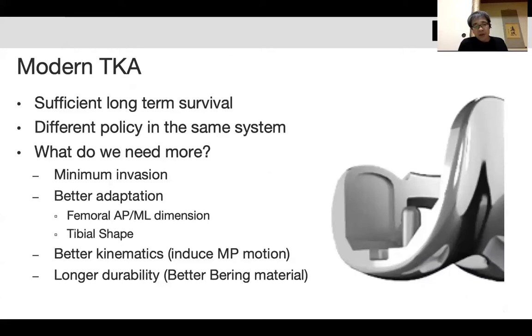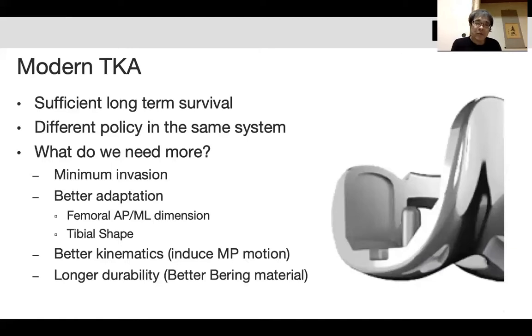For example, if I start with the CR, then eventually damage and cut the PCL, we can change to the PS, or now we can convert to the CS knee, the cruciate-sacrificing knee. So roughly we can get satisfactory long-term survival and moderately satisfied patients, but not perfect.